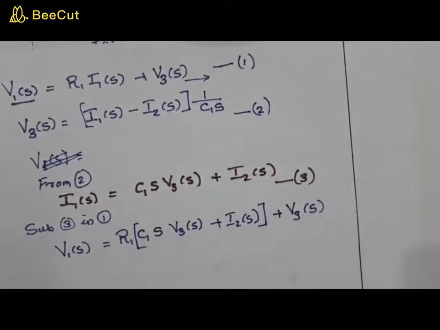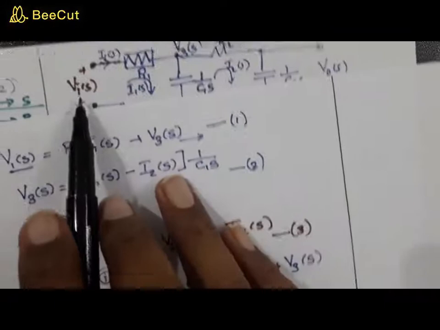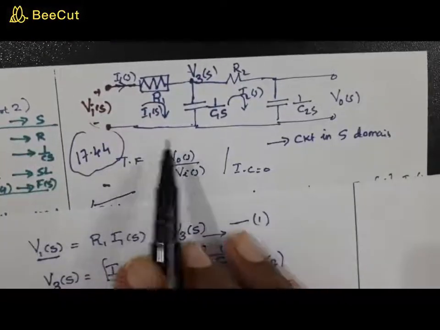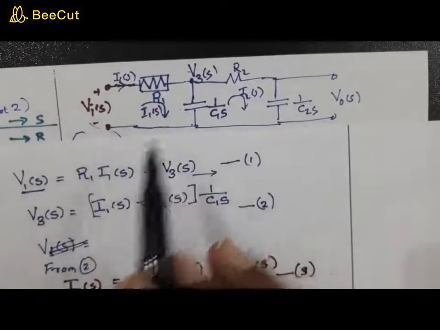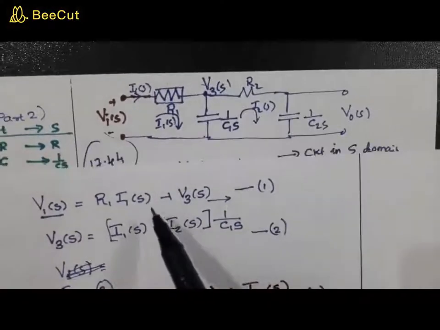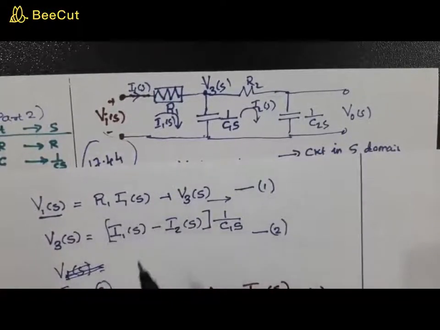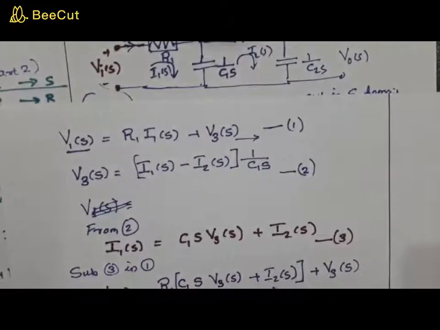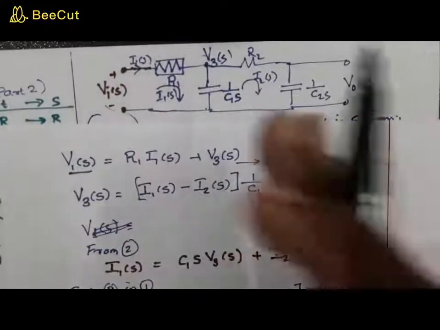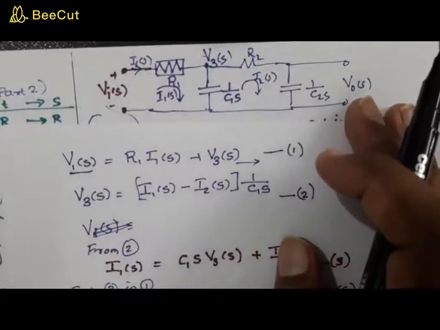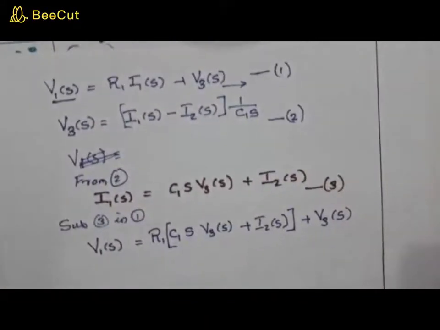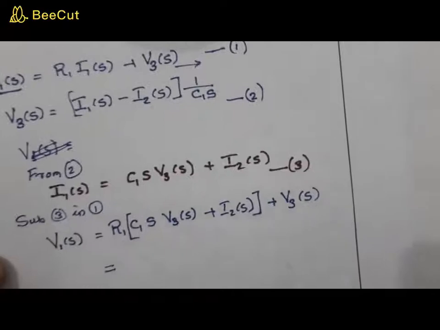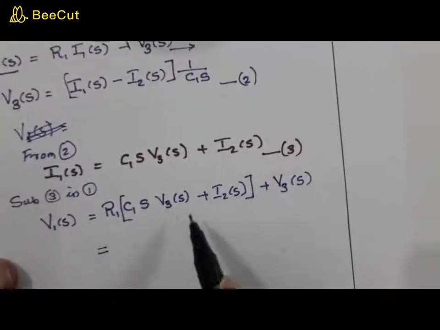Now look at this equation. You have V1 of S, which is your input voltage, one of the requirements for the transfer function. And where you had an expression in I1 of S, you have now changed it into I2 of S. That means you have moved ahead towards the output side. Now the next step is rearranging.